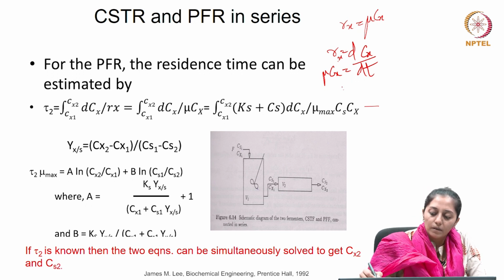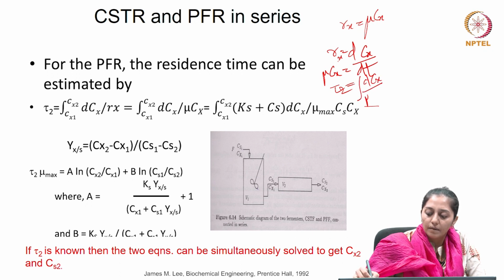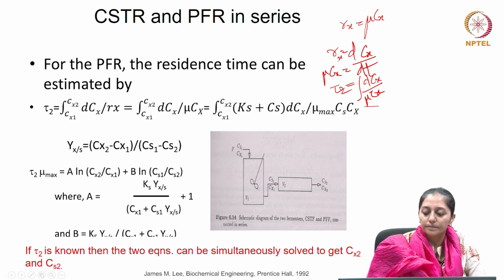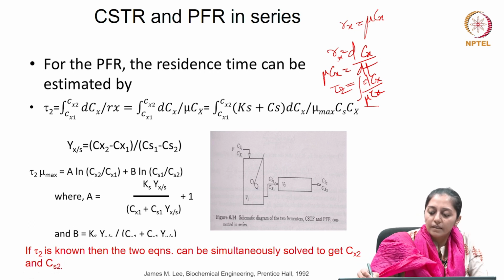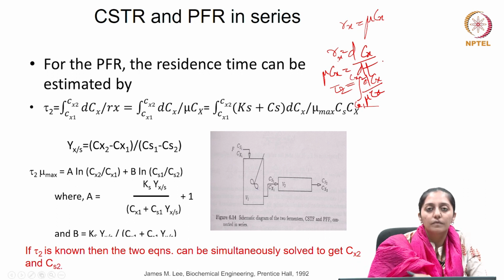Now, let's assume tau 2 is the residence time, and here we have dCx by mu Cx, with integral limits Cx1 and Cx2.